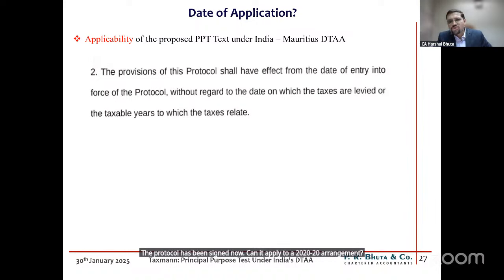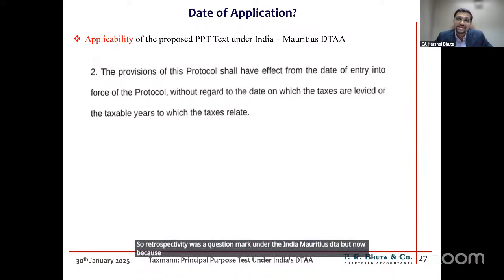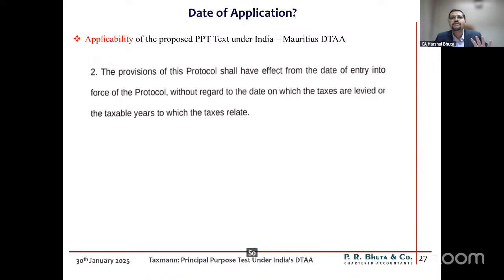So retrospectivity was a question mark under the India-Mauritius DTAA, but now because of the new circular, which is a beneficial provision, the circular says prospective from the date of protocol, from the date of force. So therefore, all those doubts with respect to the proposed PPT text are done away with because now the circular is very clear. It will apply prospectively. So this was with regard to India-Mauritius.